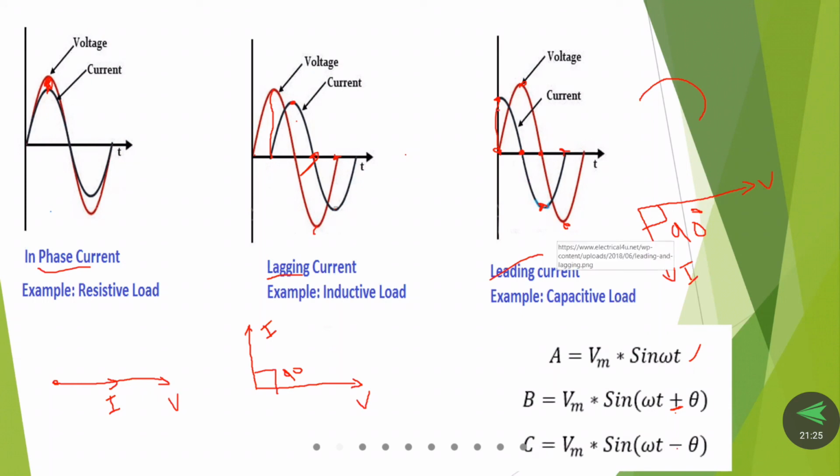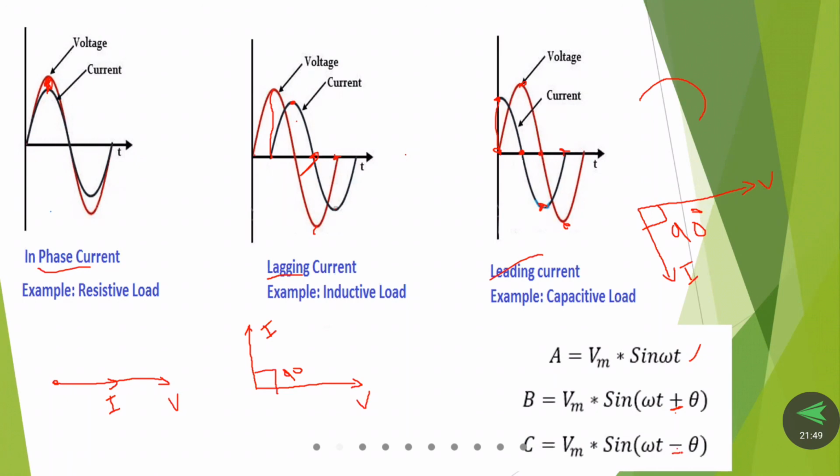So from the third diagram, current is leading, voltage is lagging with an angle of 90 degrees. So V is equal to Vm sin(omega t minus theta). అదే కరెంట్ రిఫరెన్స్ తీసుకున్నారు అనుకోండి, I is equal to Im sin(omega t plus theta).